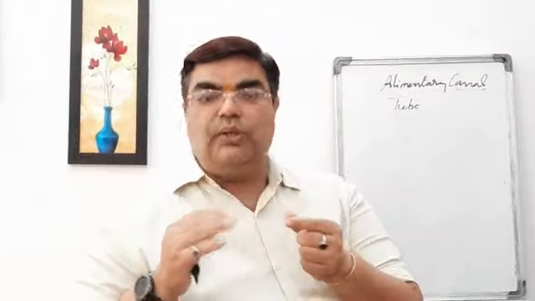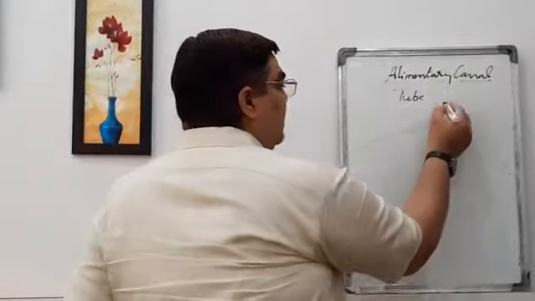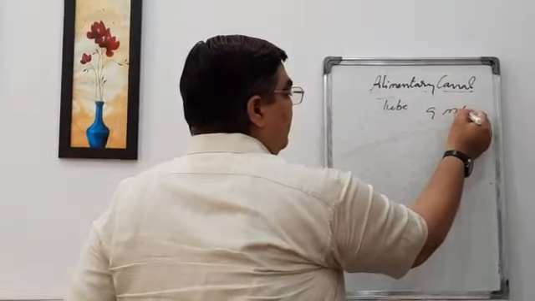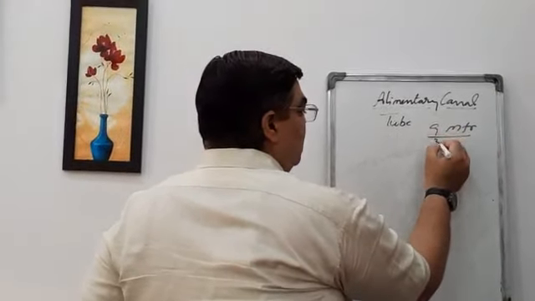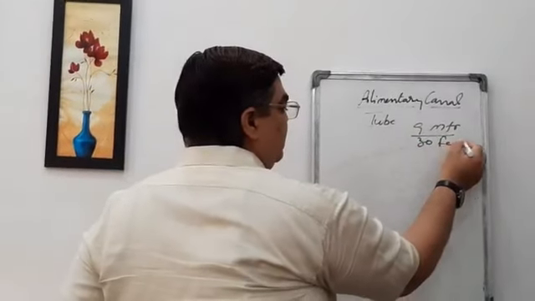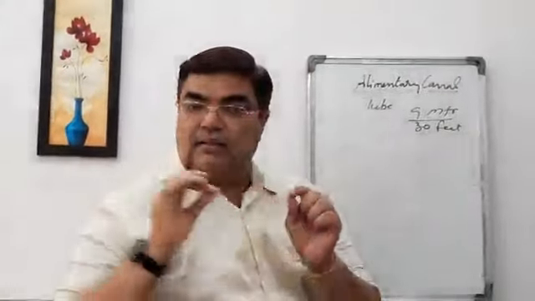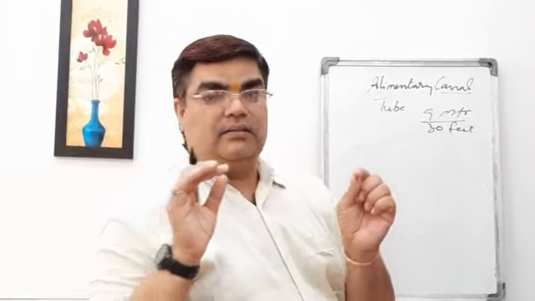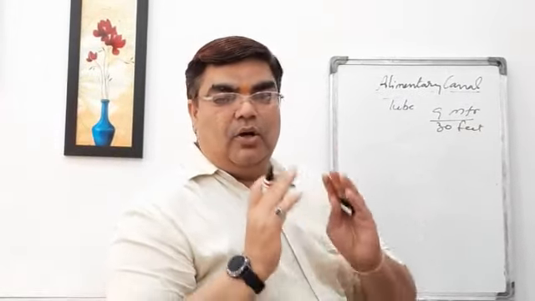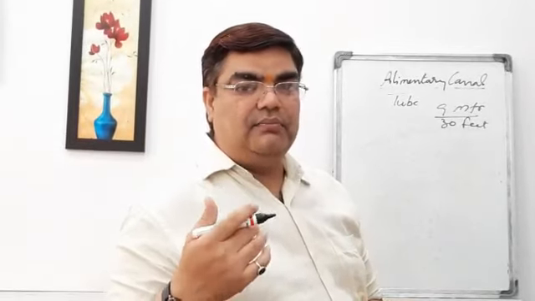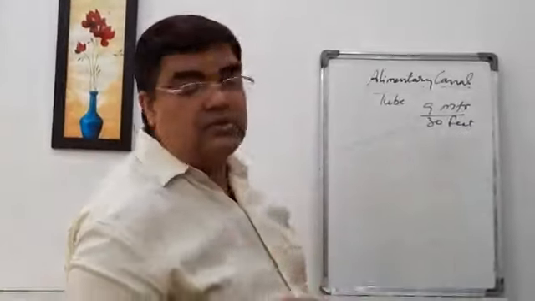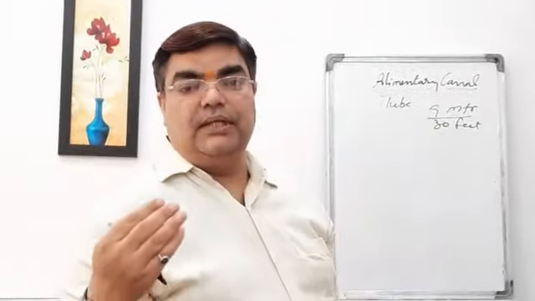Its length from esophagus to anus is approximately 9 meters, or you can say 30 feet. So the length of the alimentary canal is approximately 9 meters or 30 feet, and it starts from mouth to anus.